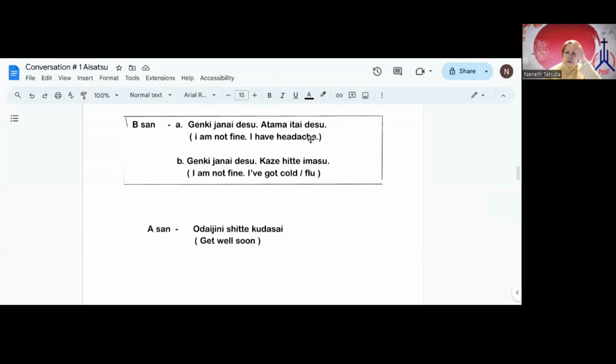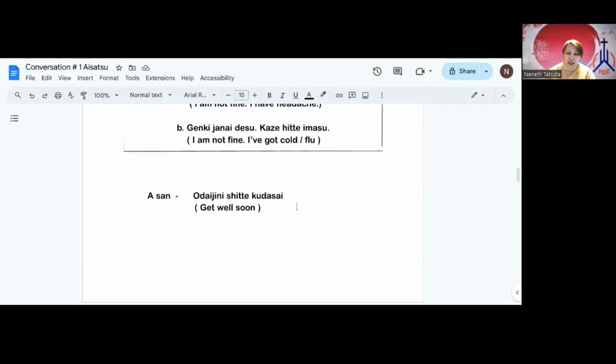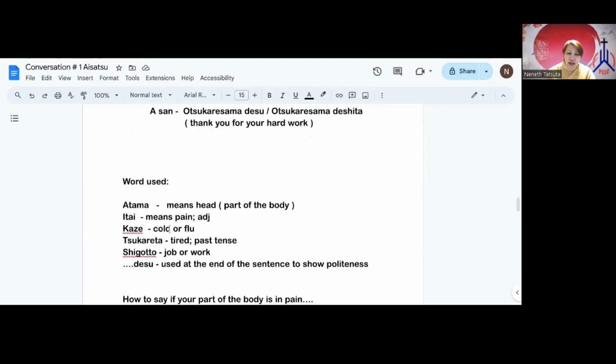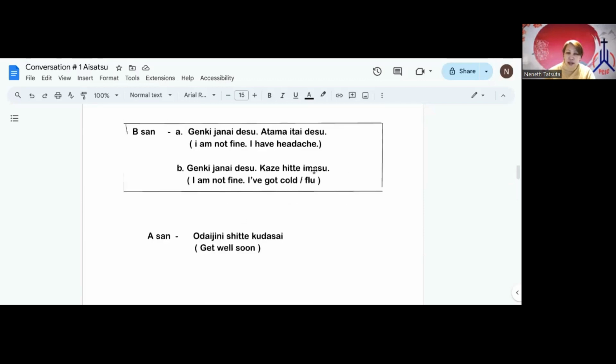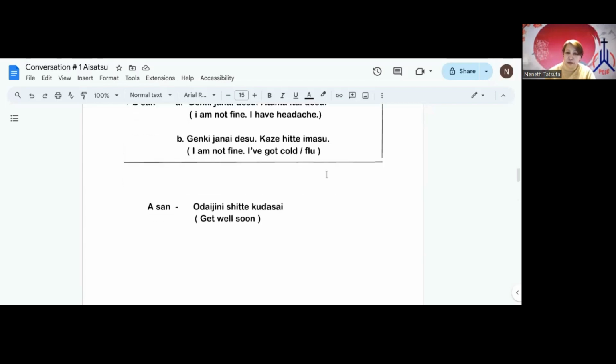Or another situation is if you are not genki, you are not fine because you are sick or you have a cold or flu. Genki janai desu. Kaze hiite imasu. Kaze here means you have a cold or flu, and hiite imasu means you have, okay, you have a cold or a flu.